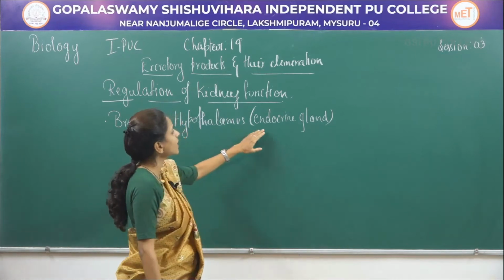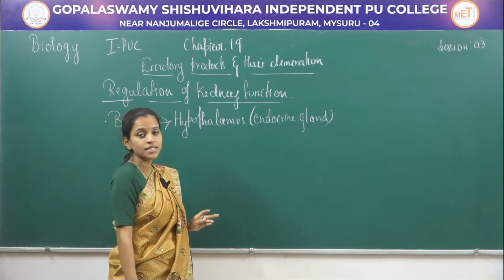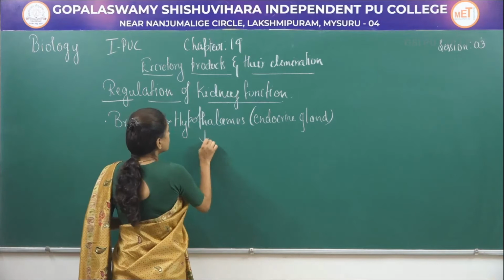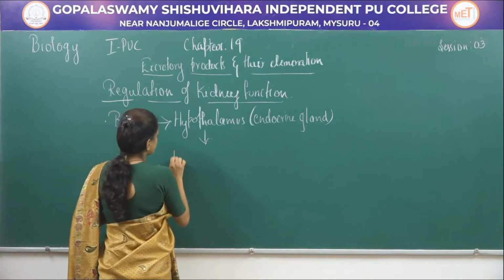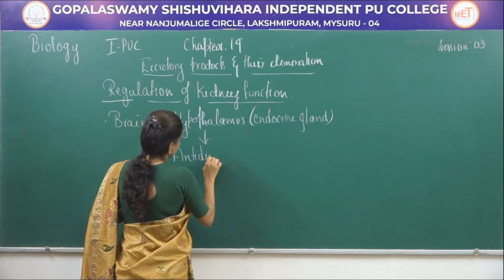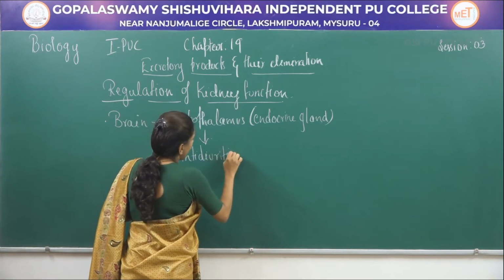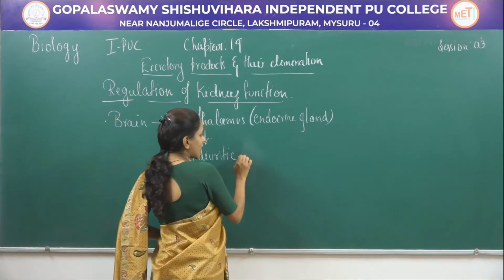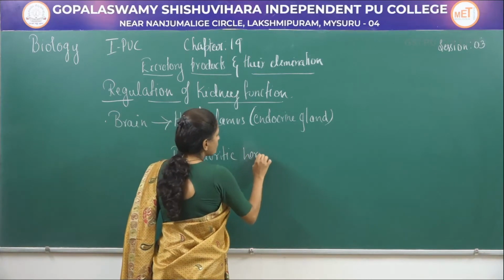So, this endocrine gland, especially the hypothalamus, releases a hormone which is termed anti-diuretic hormone.